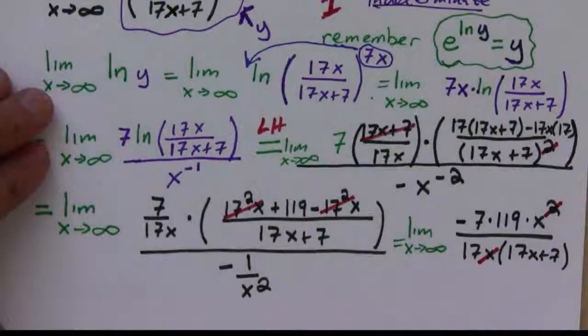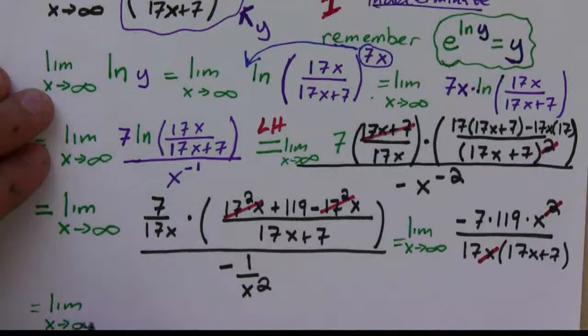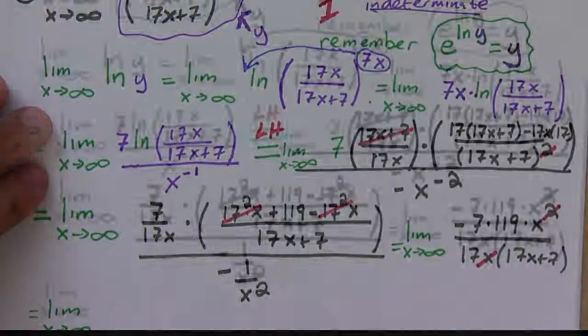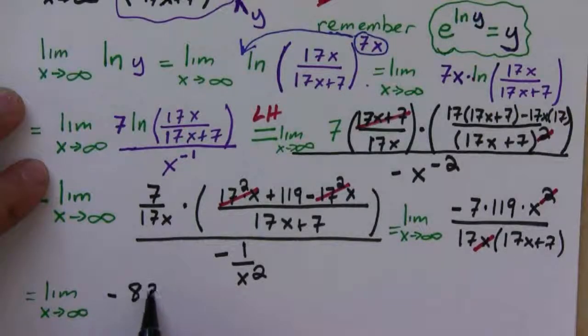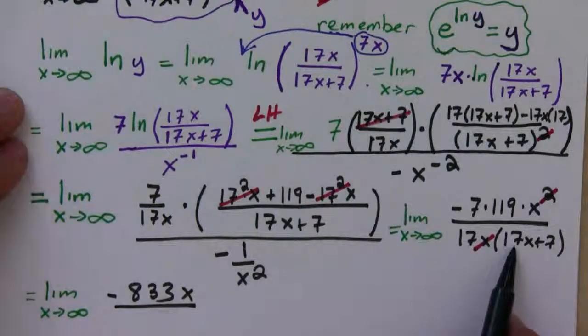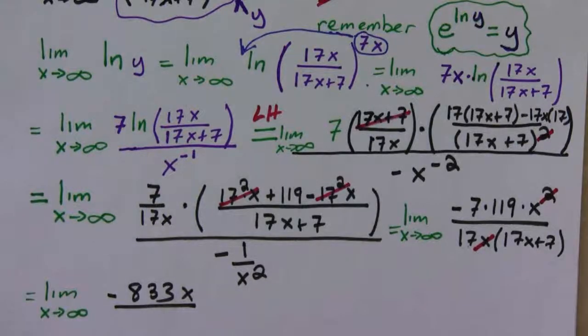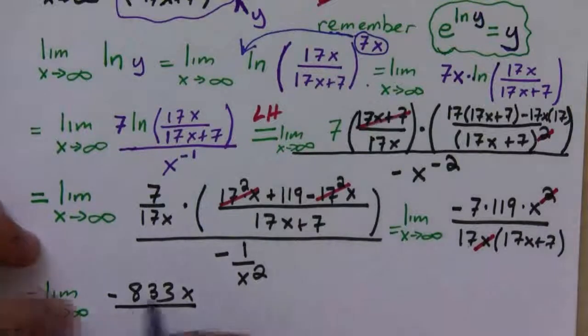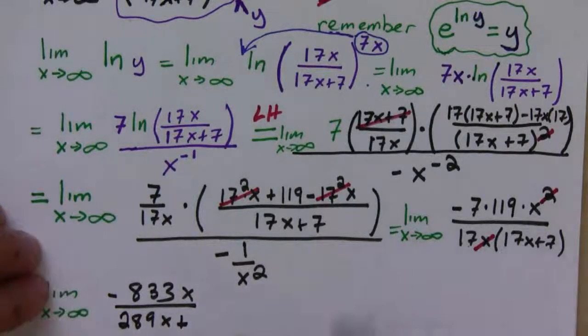And what I get is this is equal to the limit as x goes to infinity of negative 833, if I multiply these out, x over 17 times 17. I guess I'll multiply it out. 17 times 17x, that's 289x plus 17 times 7, that was, I believe, 119.